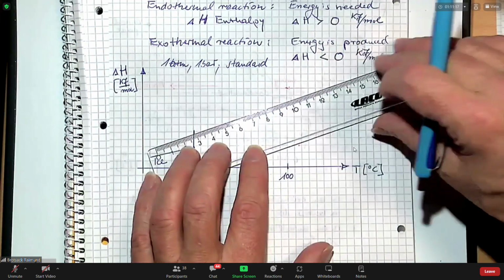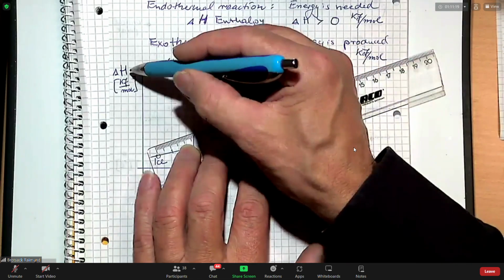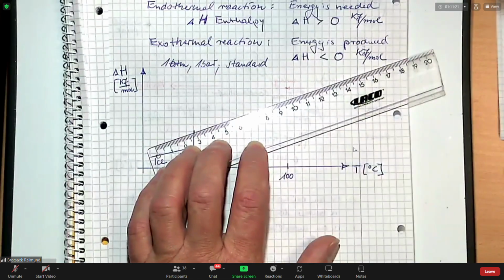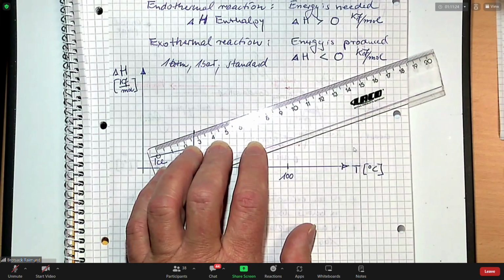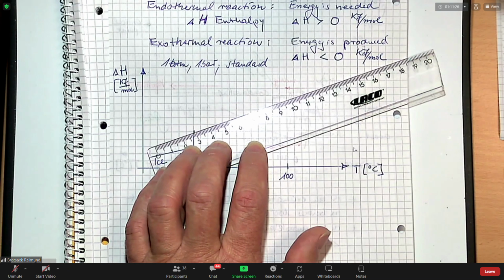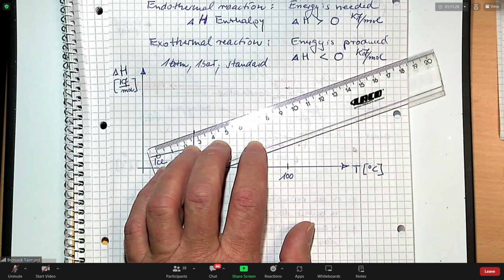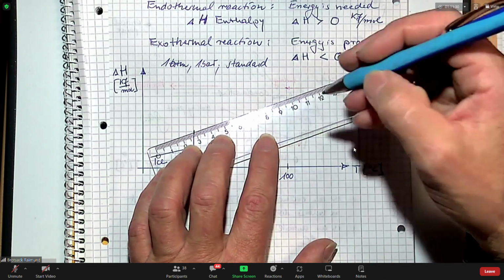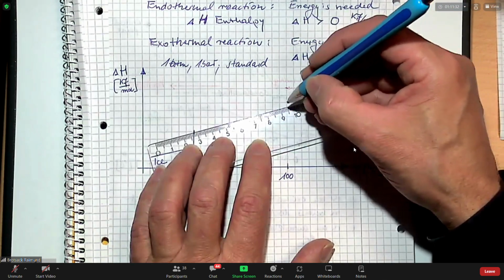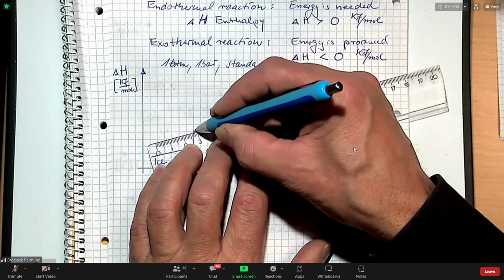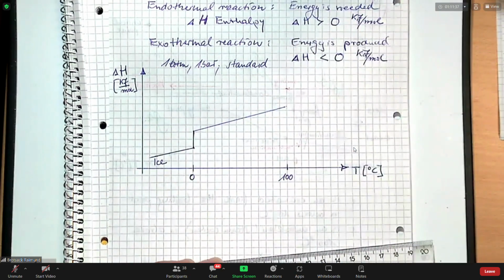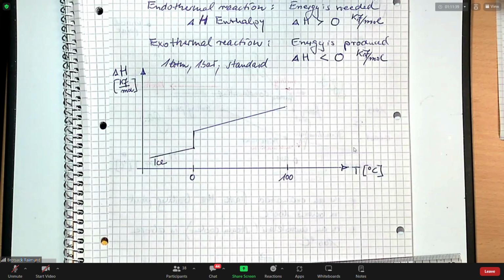Now what happens? We heat it up again. That means the internal energy, the enthalpy, increases. Enthalpy is the heat energy of the system. It increases up to 100 degrees Celsius. When we invest energy, we can heat up the liquid. But now we are at the point where it starts to boil.